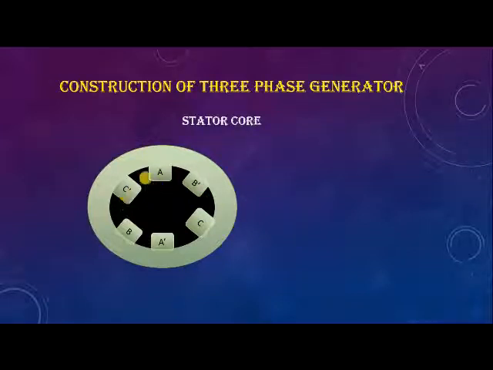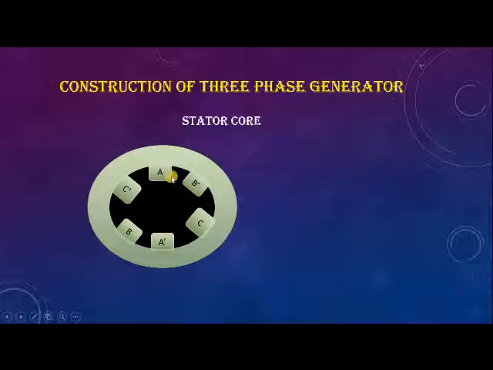So look at the labeling of the teeth. Here it is A, and opposite to that we have A dash. So this is the first phase, A phase teeth.